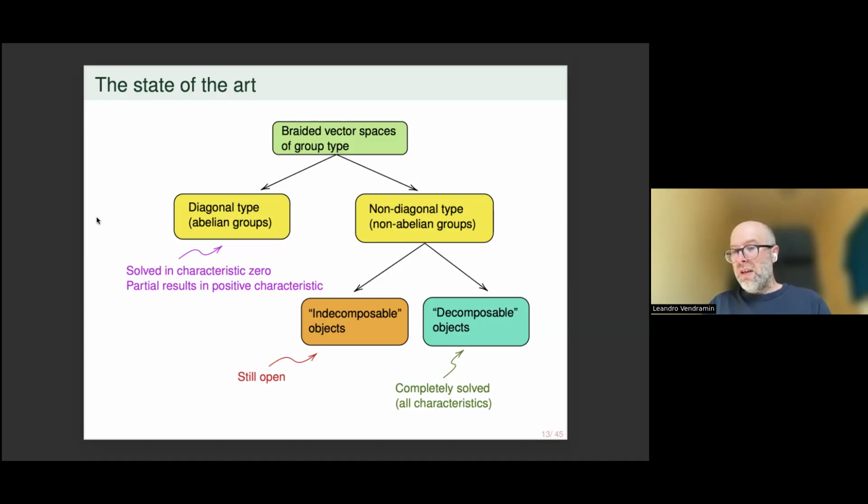If it doesn't admit a decomposition, the problem is still open. But there are some results that I would like to mention. And in the case of decomposable objects, this is completely solved, even for all characteristics, not only in characteristic 0. Okay, and I would quickly try to mention some results around this picture that I have here.